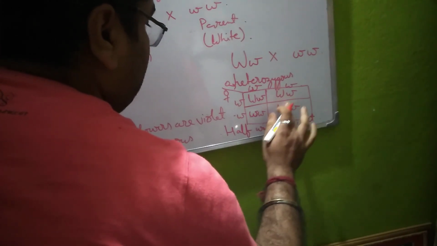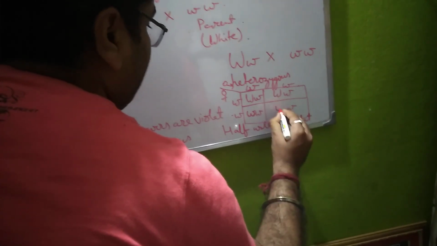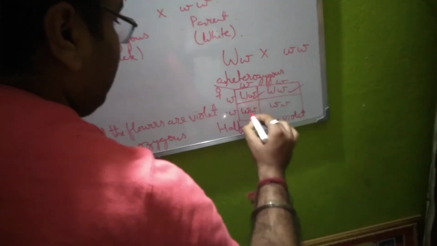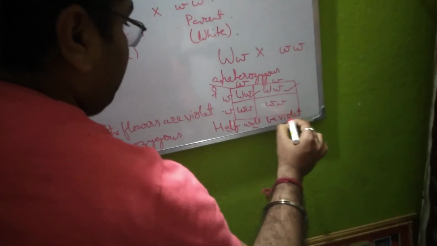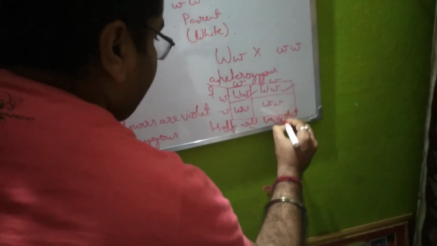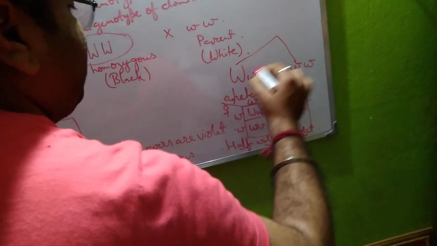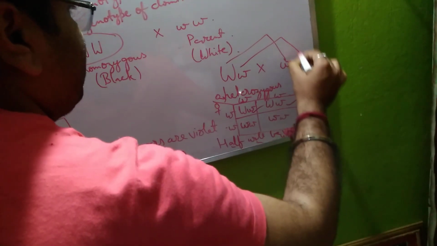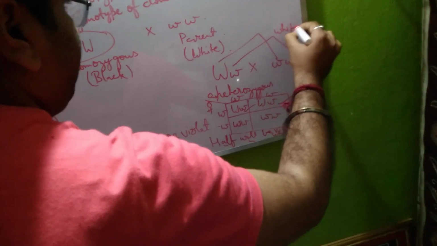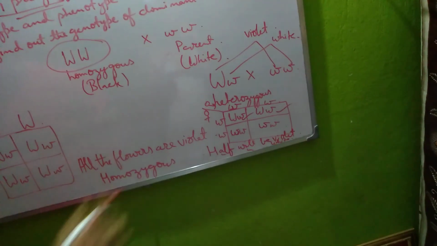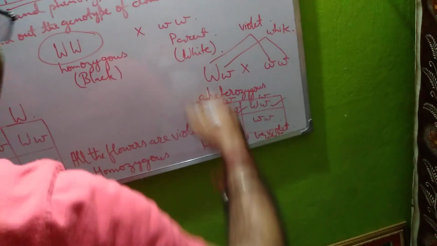The lower two gametes will be having small w and small w. So half of them will be violet, this one and this one, and half of the flowers will be white. Why? Because as you can see, this one and this one combine to form violet, whereas this one and this one remain white. So 50% of the flowers will be white, 50% will be violet. This is due to the heterozygous condition.